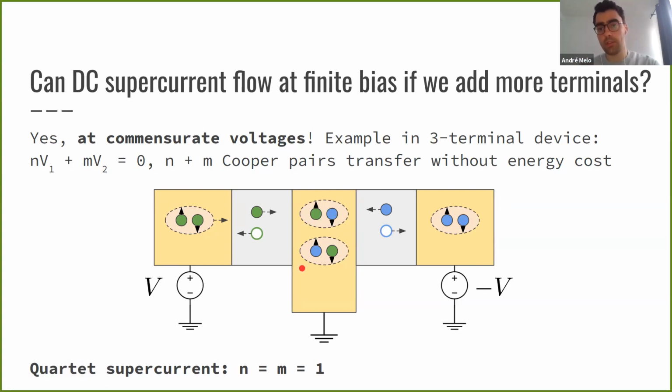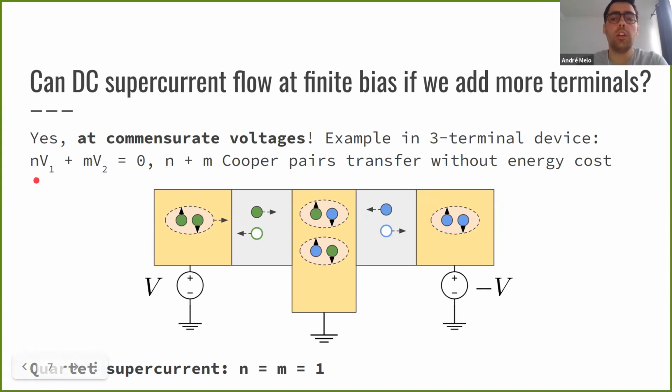at no energy cost. And to see this, note that previously we said that in order to have supercurrent, we need a process that moves charge without energy. So that's exactly what we're demanding with this condition here. On the left-hand side, we have the initial energy of the state of the system. So we have N Cooper pairs on the left-hand side and M Cooper pairs on the right-hand side.